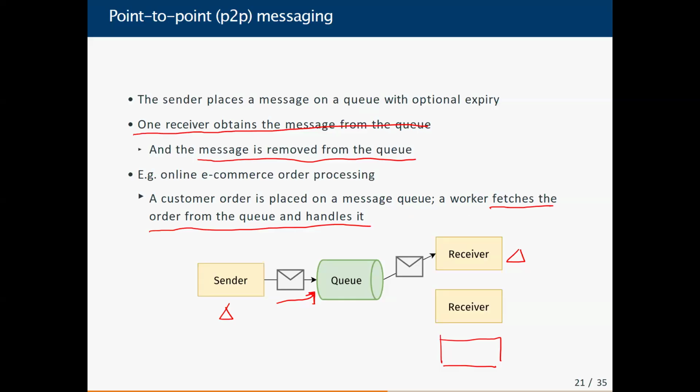So this prevents some other worker from processing it again. Because you only put one order, your order should only be processed one time. If it has been processed twice, then you'll get double things, and you also need to pay twice. That will be a problem. So usually the e-commerce ordering system is based on point-to-point messaging.